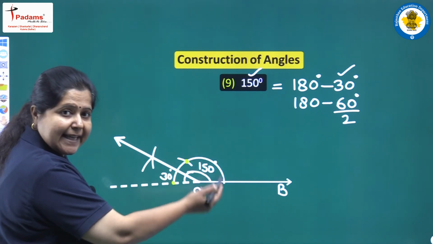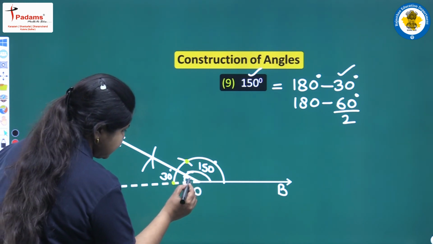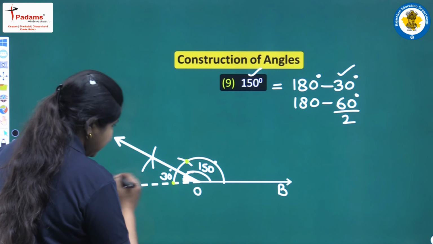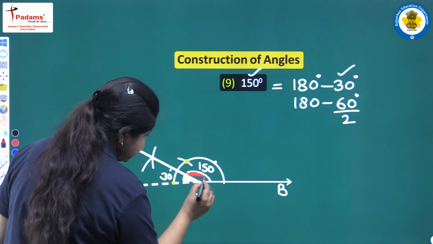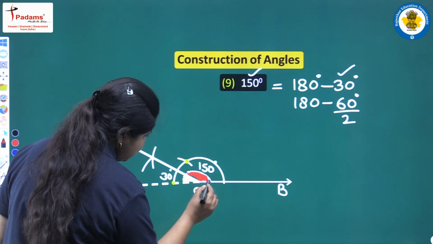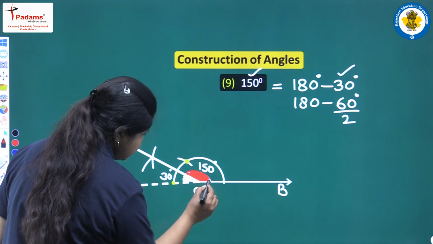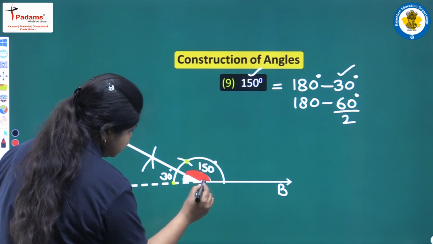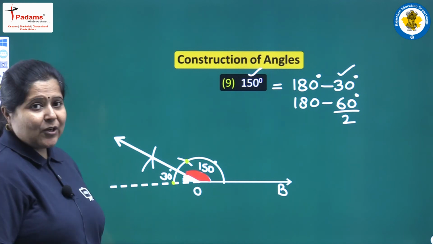This is the complete angle of 180 degree, and from here we have subtracted this 30 degree angle, and then we get this red one as the angle measuring 150 degree. Can you clearly see this? This one angle. So in this way we have constructed a lot many angles.